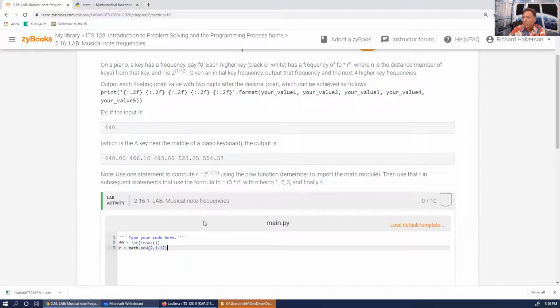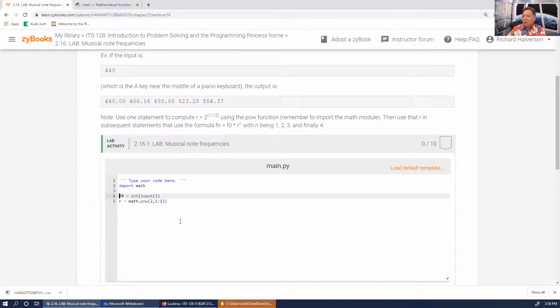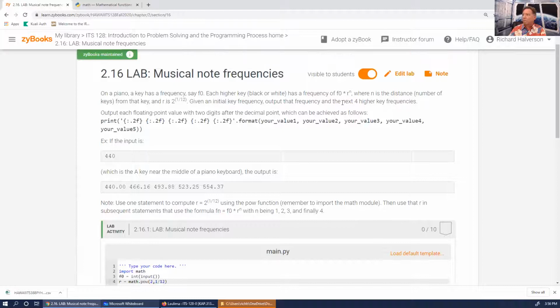I better bring in the math module, import math. Okay. So that's 1/12. Okay, so this is R.